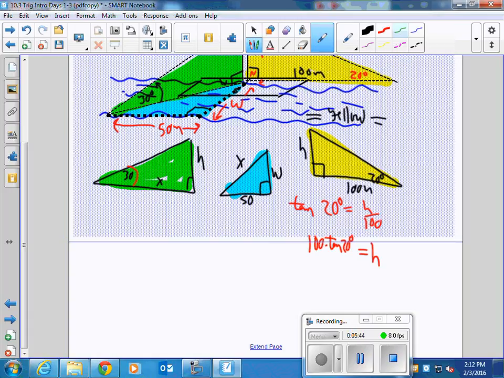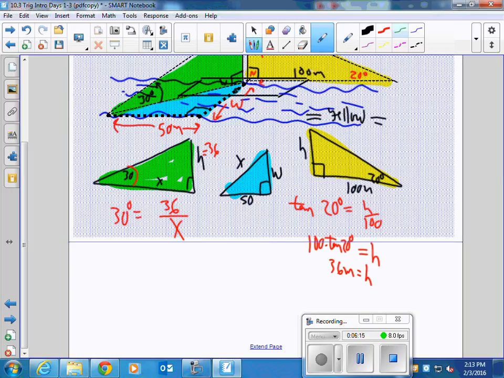So could somebody give me that? What is that? 36. Let's round off, 36 meters. So that's what h is, 36. Now go to the green. We have 30, 36, and x. The what of 30 equals 36 over x?